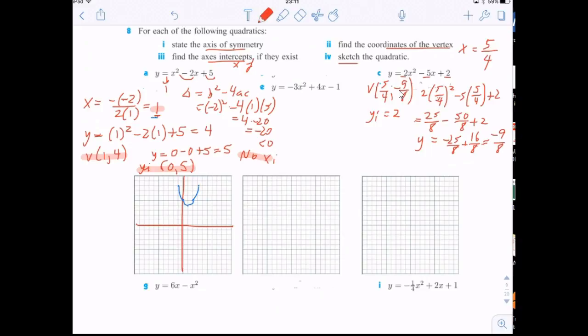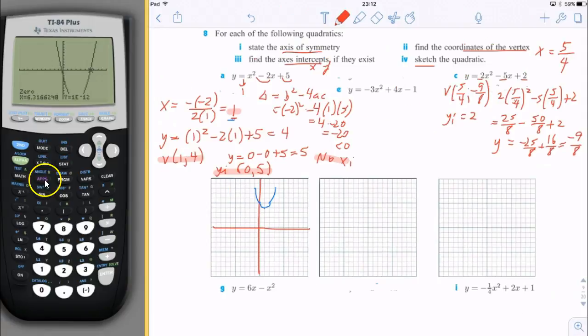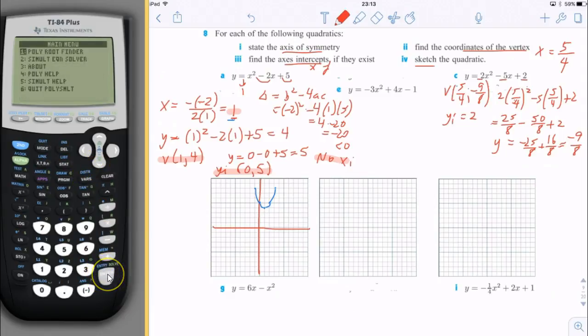And let's see, I'm going to use the calculator maybe to find the roots this time. Remember, to find the roots, we do apps, polysmlt, hit enter. We go to polyroot finder, which is option 1, second order, next, and then we're going to put in the coefficients 2, negative 5, and 2.